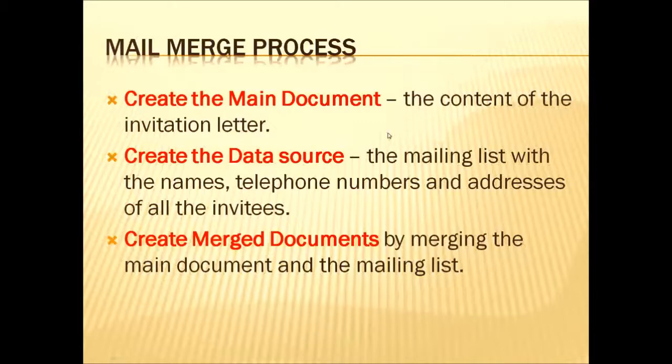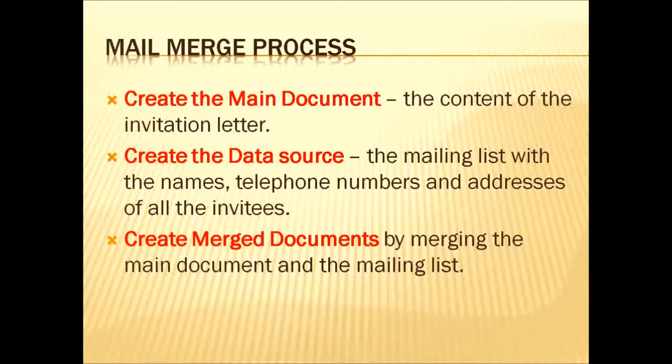First you have to create that main document. Then create the data source, the mailing list with the names, telephone numbers and addresses of all the invitees. In the data source, the information of the recipients will be there.